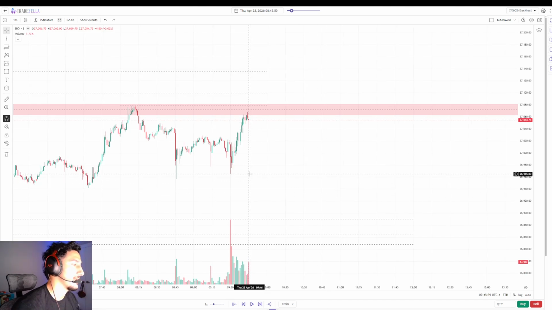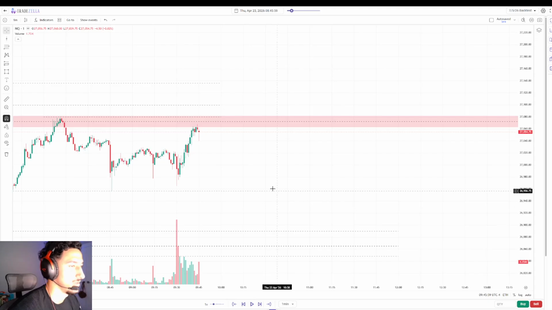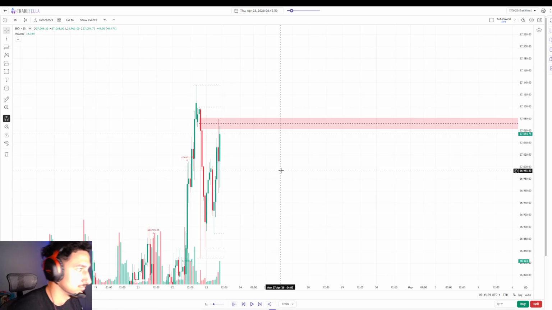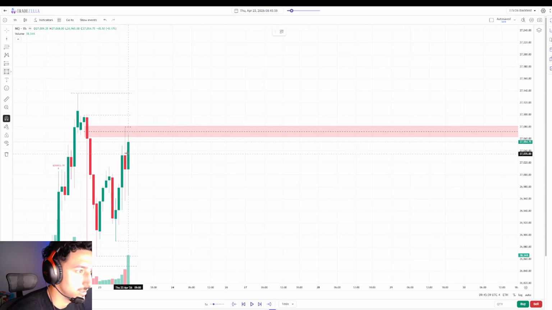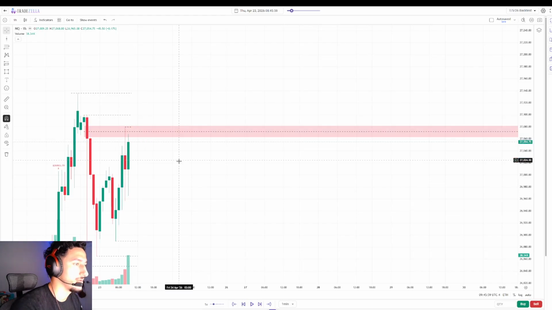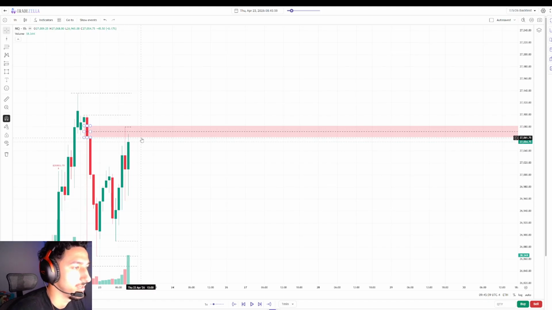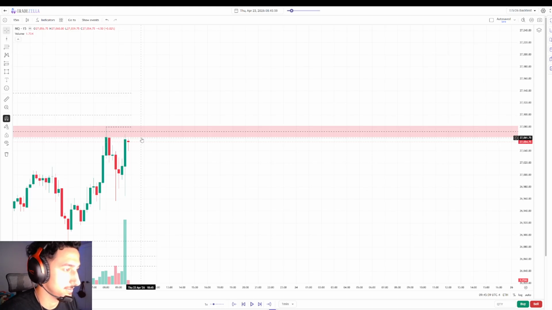Okay, so we're trading back into this 1 hour. We've already come into the consequent encroachment of the wick. This could just be a bullish goes up here.